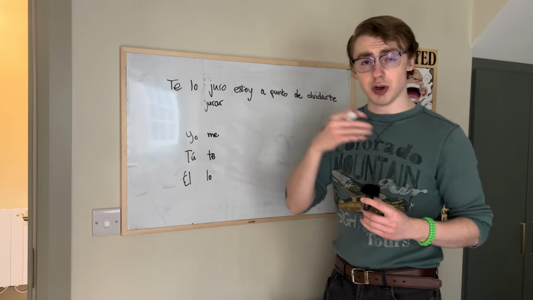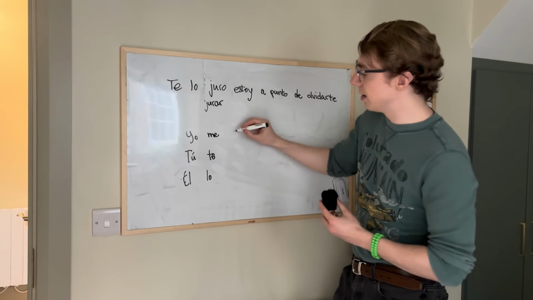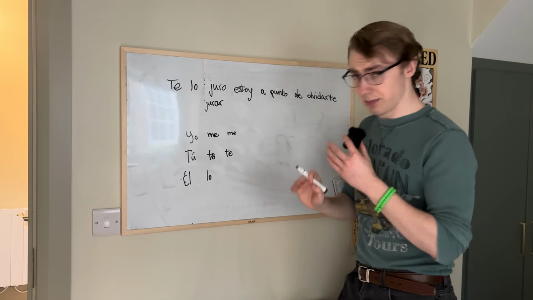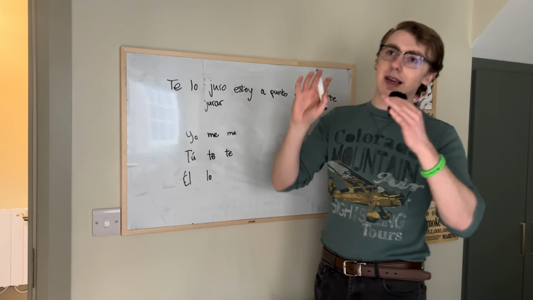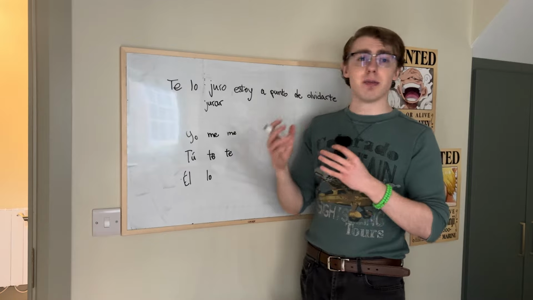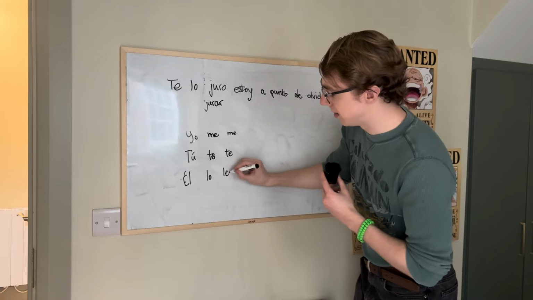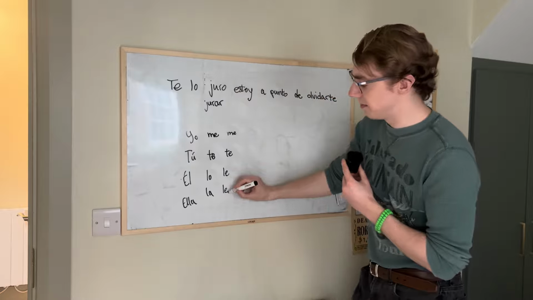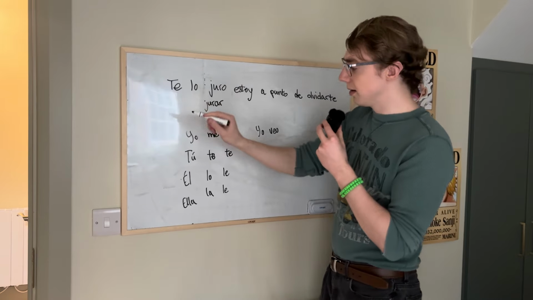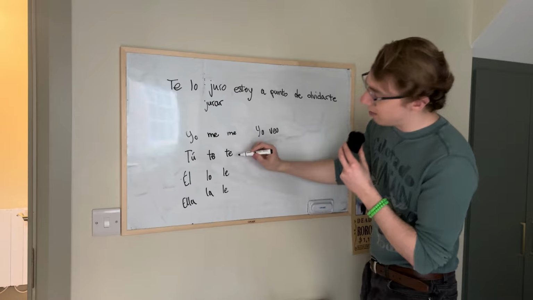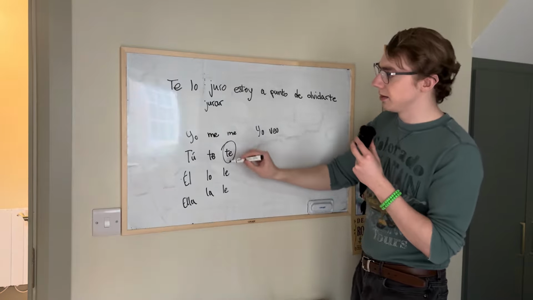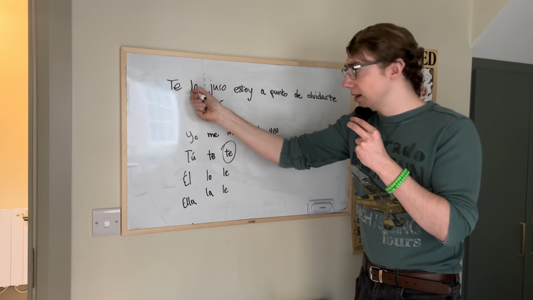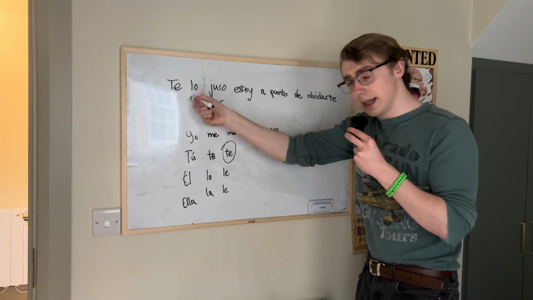So for yo and tú, it looks the same, right? So me and te, it looks the same. That's important. But for he and she, or the third person, it's le. So ella is la, and it's le. Back to this. Te is the indirect object form in this case. Te. To you, it, the direct object, I swear. To you, it, I swear.